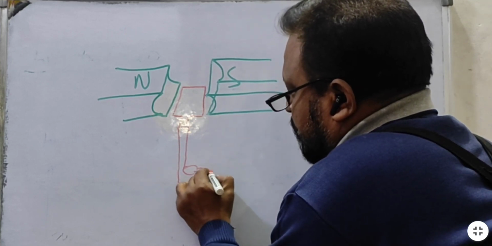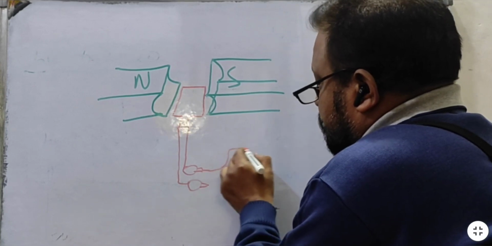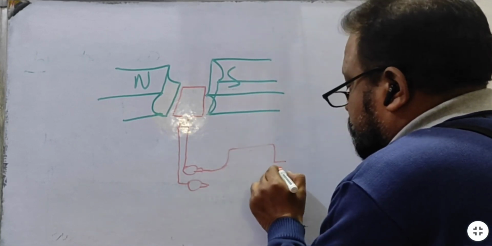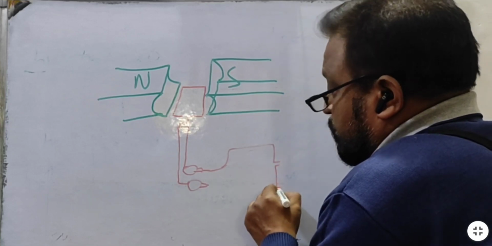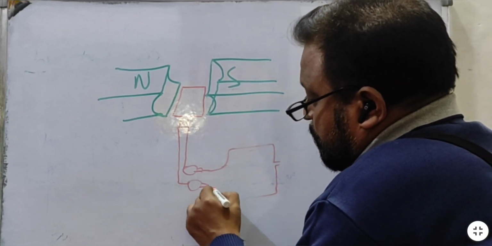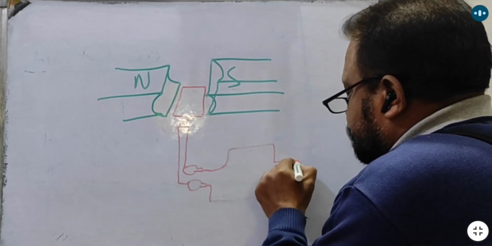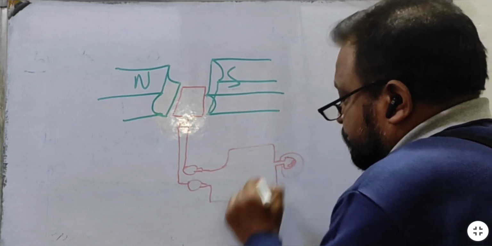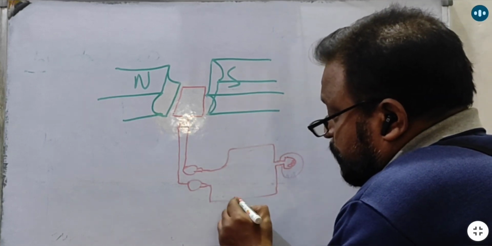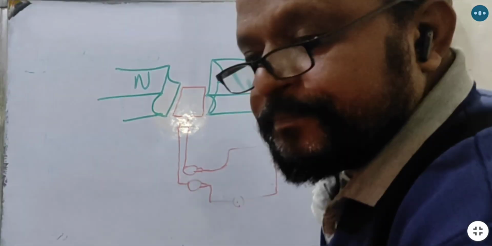And this is the bulb, the consumption point. And sorry, there is a key also in the circuit. This is it. So what happens?